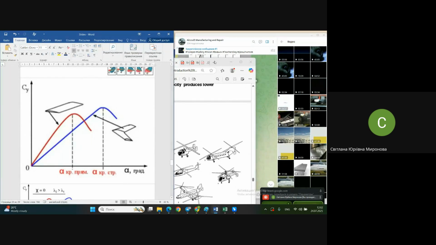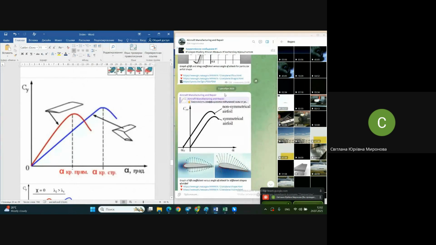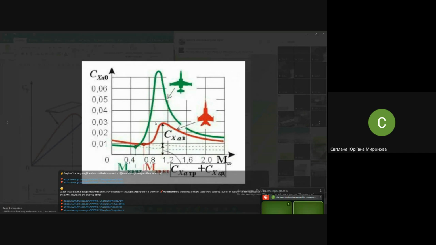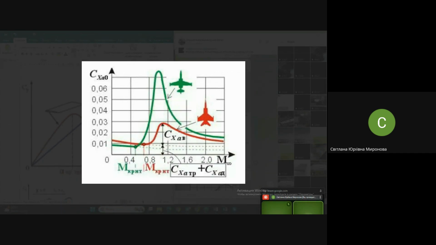But it appears also that some characteristics, like drag, for instance, depend not only on the shape and angle of attack, they also significantly depend on the speed and on the general shape of the airplane, including all this relative span, relative thickness, and so on.